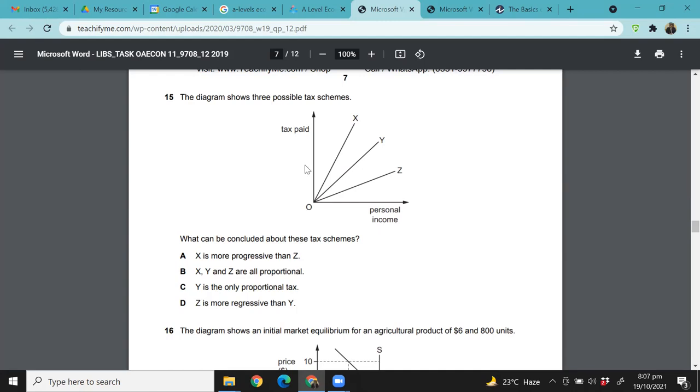Do you remember the definition of proportional taxes? Abdureen, do you remember it? Proportional taxes are when the rate of tax is the same, right? The amount would obviously be different, because people with higher incomes will pay more in taxes, right?